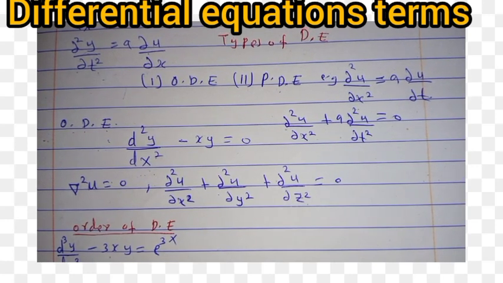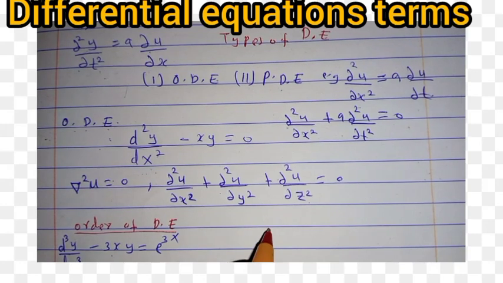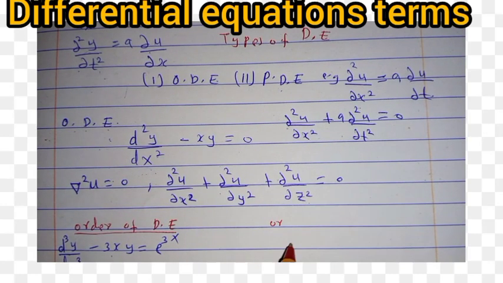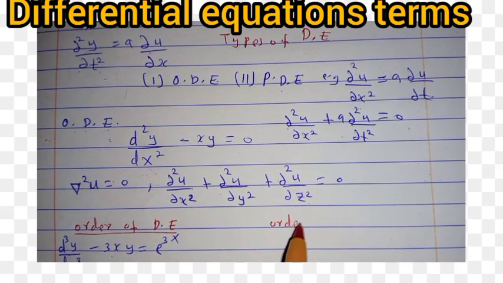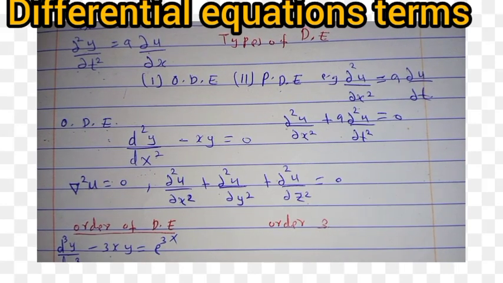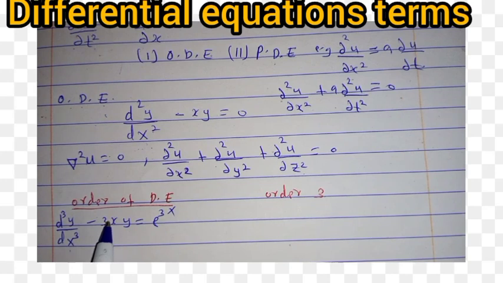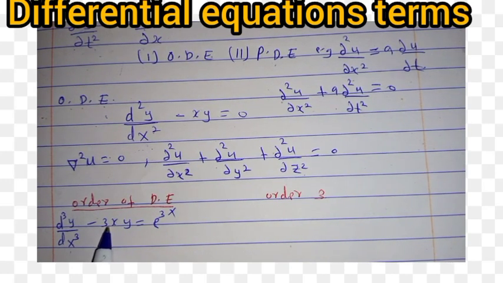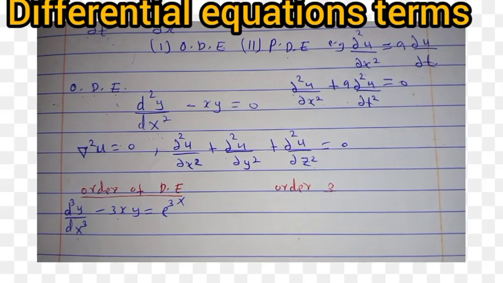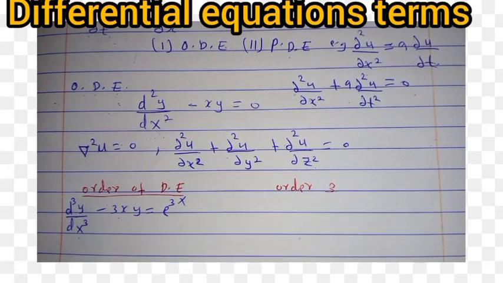Now, this is an equation of order 3. Why? Because the highest derivative here is 3. So the order of a differential equation is the order of the highest derivative in the differential equation.